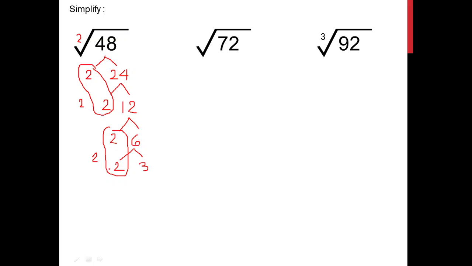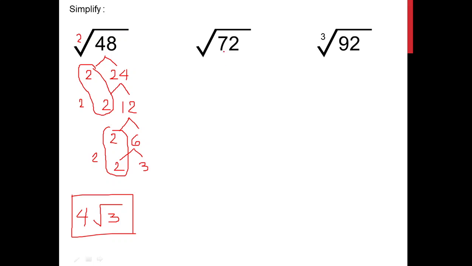Then you need to multiply the values: 2 times 2 gives you 4. This one, since it has no pair, you need to put back under the radical. So this is the simplest form of the square root of 48.